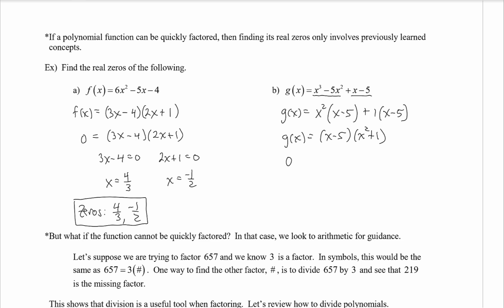Then we want the zeros, so we'll plug 0 in for y. We can use the zero product property once more to see that one of the zeros is 5, and then the other zeros are i and -i. But those are non-real, and we are interested in just the real zeros. So I only have 1.